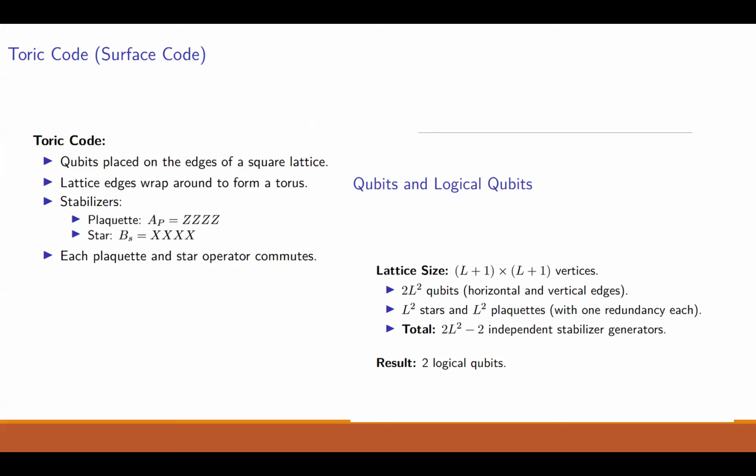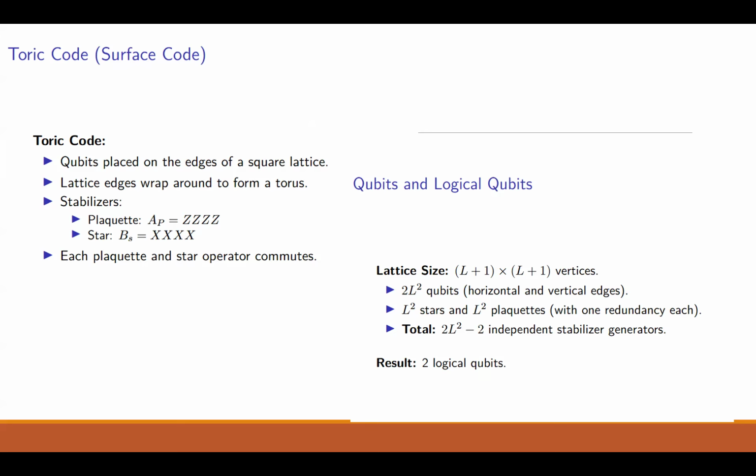But they are not actually independent, because if you multiply all the vertices, or all the plaquette terms, you always get 1. Let's say each plaquette is Z. If I multiply all these Z, then each edge will be touched by 2 Z. Similarly for X. So there are actually 2 global constraints, and you only have 2L squared minus 2 independent stabilizers.